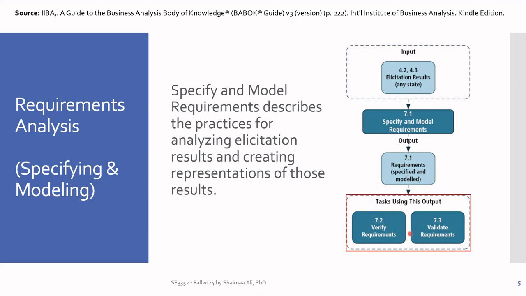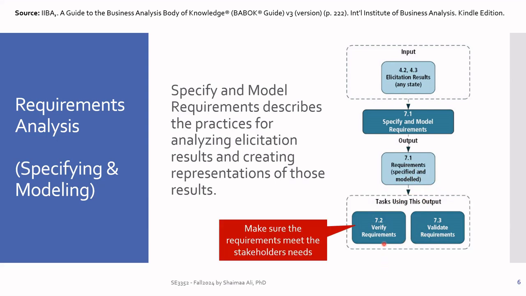So there are two types of checking here. The verification is just to make sure the requirements meet the stakeholders' needs. Perhaps after you do this analysis, you can meet with the stakeholders that you have interviewed and make sure that your understanding is correct, so what you have modeled is actually what they meant to say.